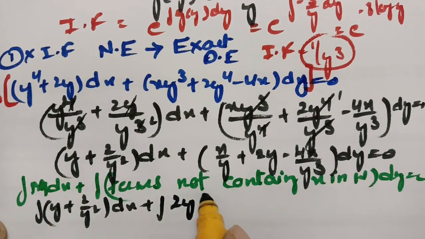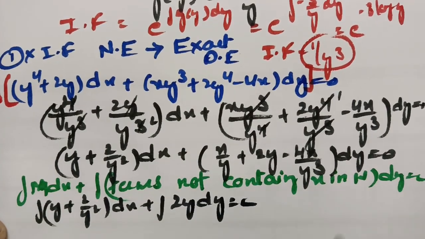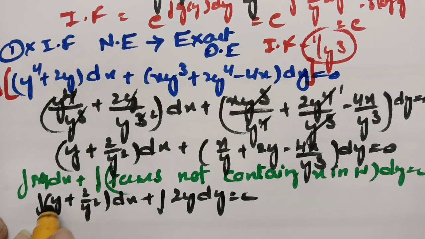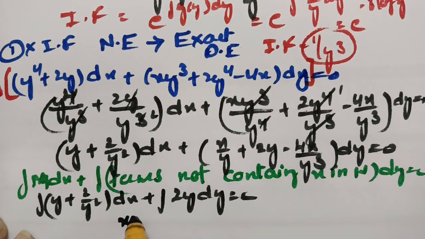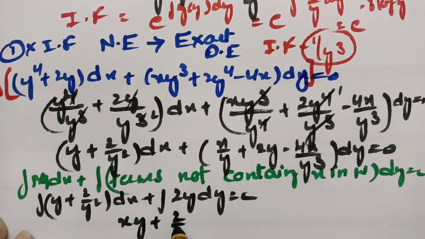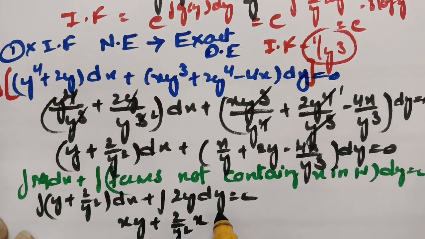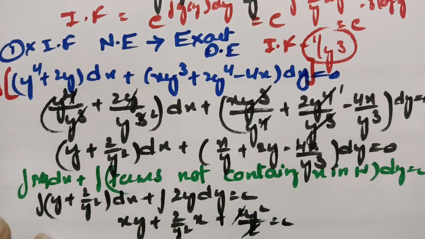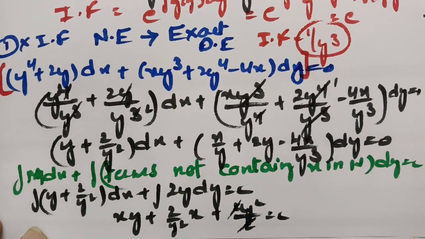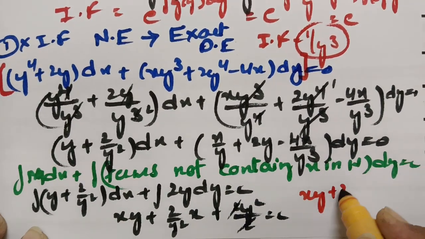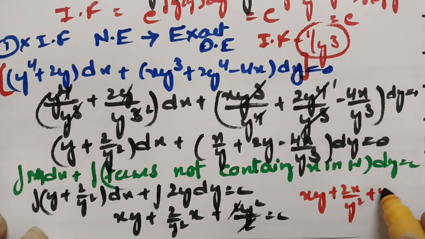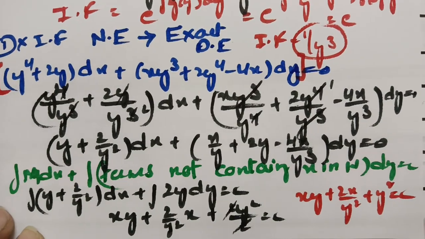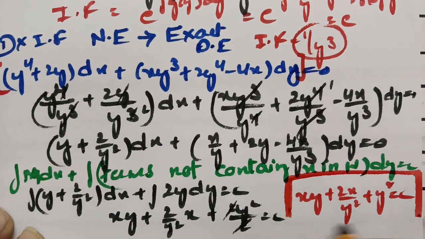It is only 2y which is not containing x, dy is equal to c. With respect to x, y is a constant, therefore we can write xy, and y square is a constant, we can write 2x by y square, and 2y square by 2. The final answer is xy plus 2x by y square plus y square is equal to c. And this is how we have to solve, and this is the solution.